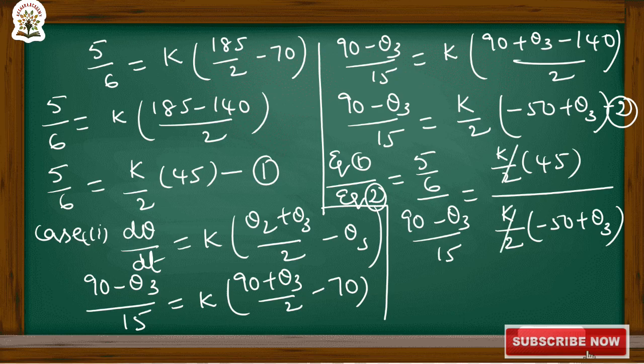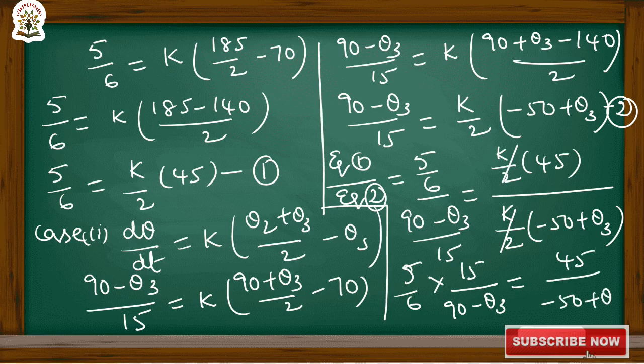K by 2 gets cancelled, and 5 by 6 by (90 minus theta 3). 5 by 6 into this one can be written as 15 by (90 minus theta 3), that is equal to 45 by (minus 50 plus theta 3).